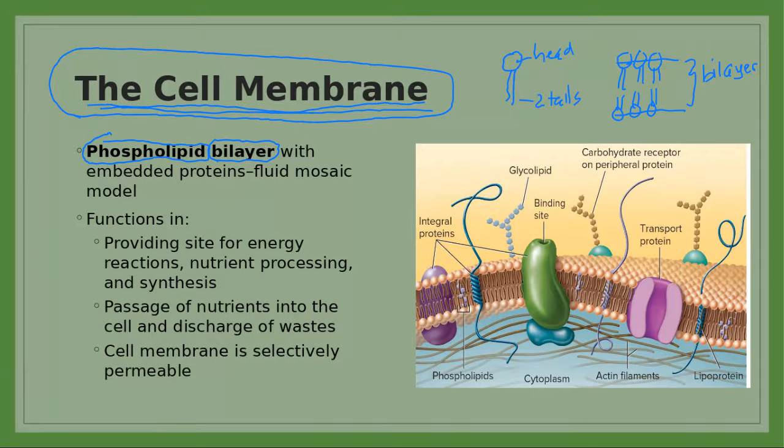So you see this one, this is one layer, and this is another layer of phospholipid molecules. Therefore, the cell membrane is also known as a phospholipid bilayer because it has two layers of phospholipid molecules.